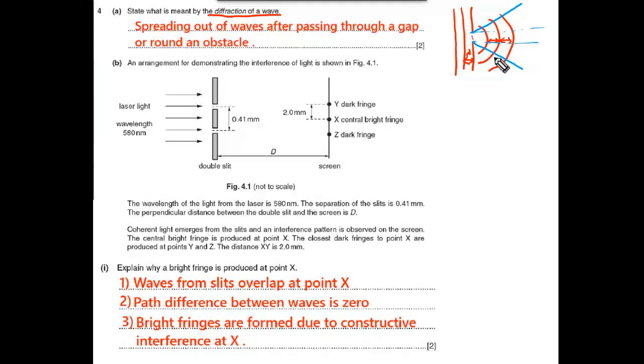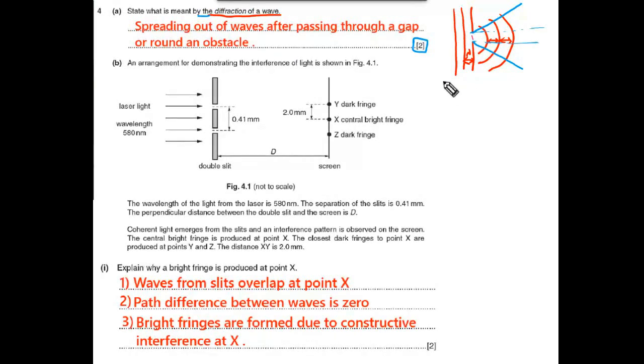You see the wave spreads out. So this is the spreading. This phenomenon we call diffraction of a wave. So you need to keep this in your mind. Most of the time this has 2 marks actually. So this is how you can define it: spreading out of waves after passing through a gap or around an obstacle.